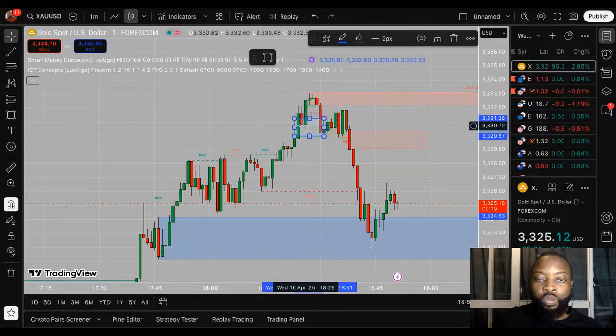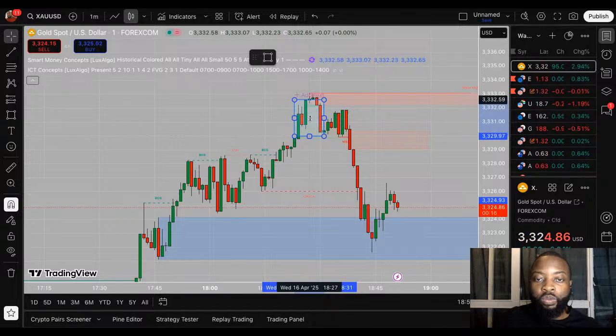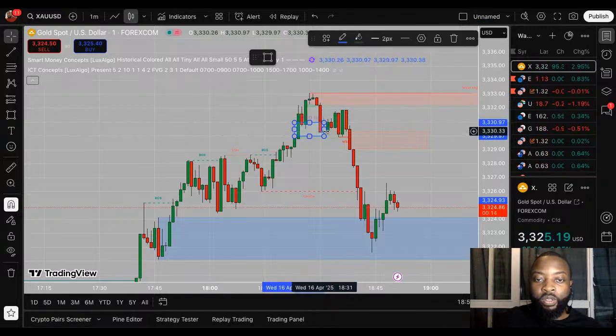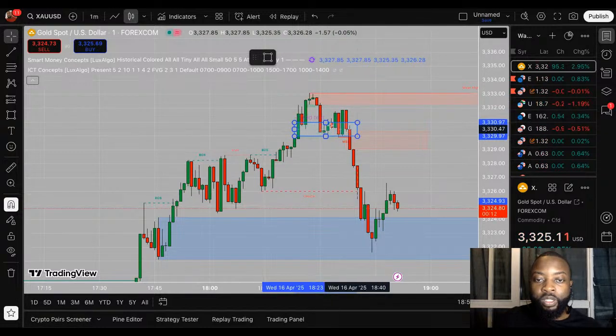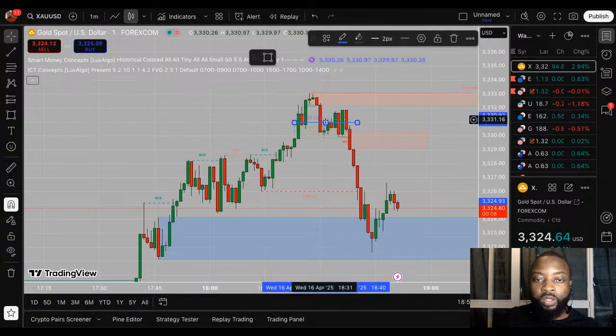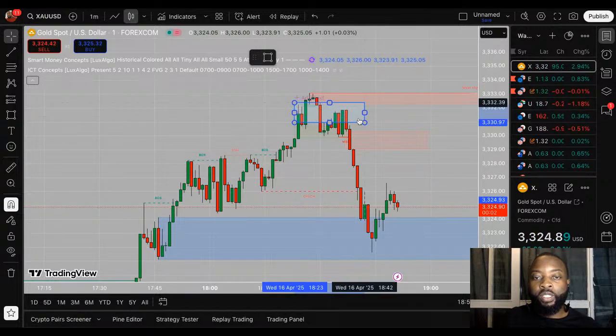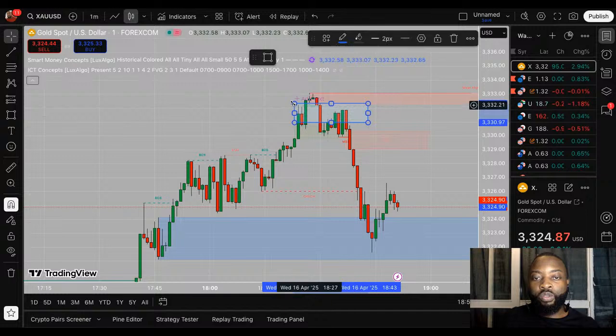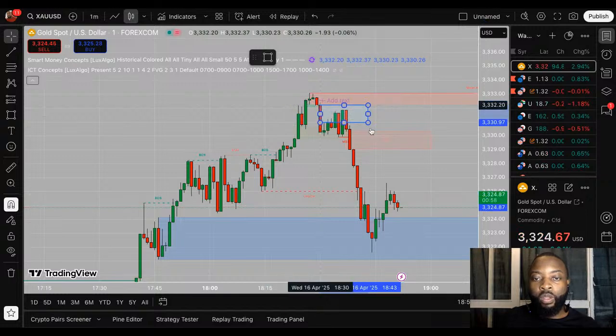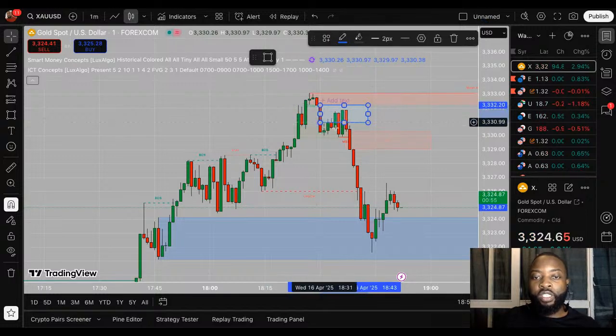I'm going to move this to our fair value area. So this is the area I'm talking about. Can you see this area? From this candle here to that green one, this is the area.